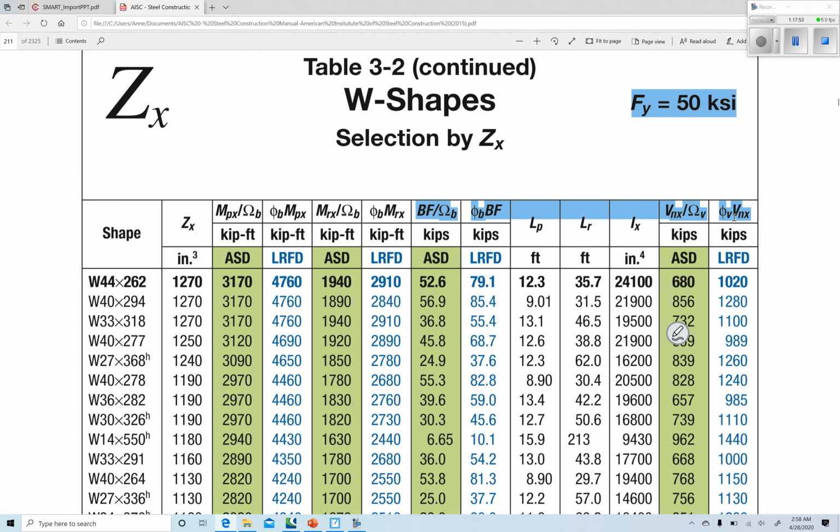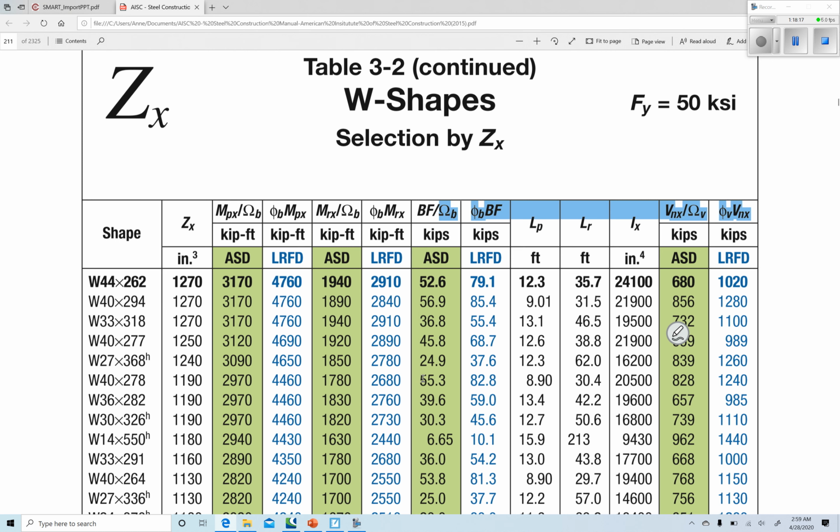Notice it's X. It's assuming that your I-beam is standing looking like an I. Major axis is not turned on its side. So this is based on the depth of your section times the thickness of the web.